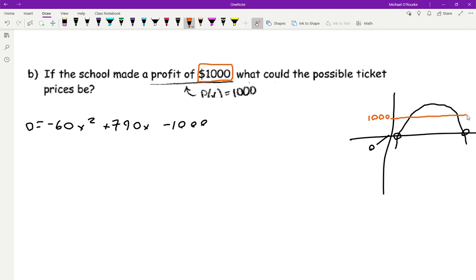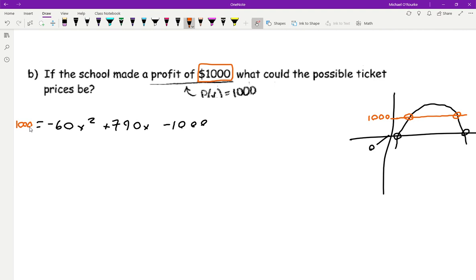Therefore, I want to find my new zeros at $1,000. But the way I change my equation is I'm going to replace this here with 1,000. Because before we were looking for 0, so we set the 0. But now we're looking for 1,000. So we're going to replace that with 1,000.